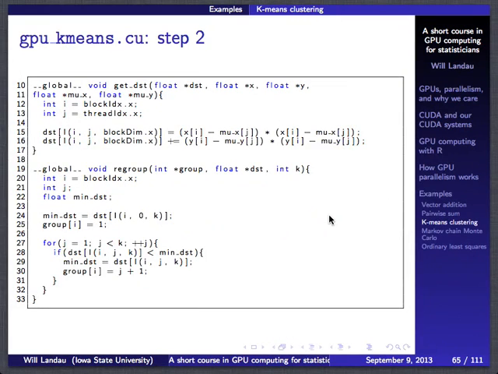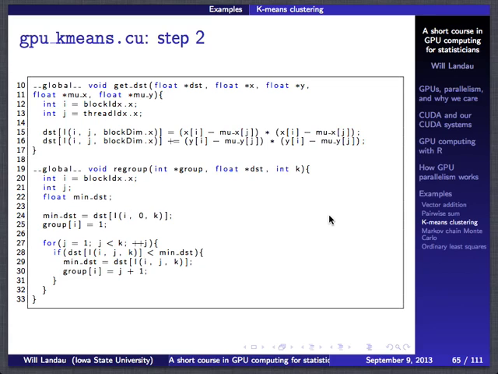So here's a couple of kernels for step 2. That's computing the distances, computing the nearest cluster center. To compute the nearest cluster center, I need to compute these cluster distances. I call my function getDist. Here's a one-dimensional array of distances, which I use as if it were a 2D array.